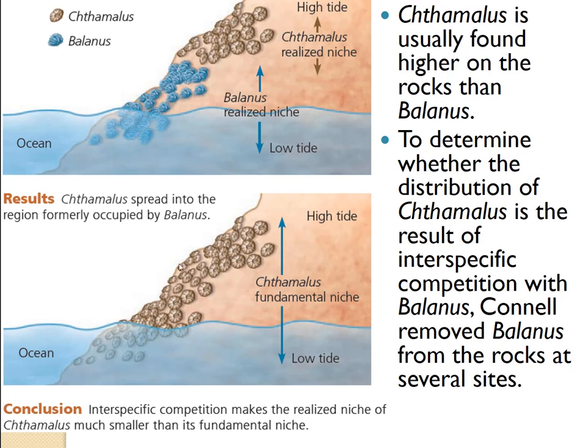Meaning its fundamental niche is actually larger. Fundamental is what? Fundamental is potential, right? The potential niche that can be occupied if there is no competition. So you can see the fundamental niche is wider compared to the realized niche. Okay, so that is the conclusion for this experiment.